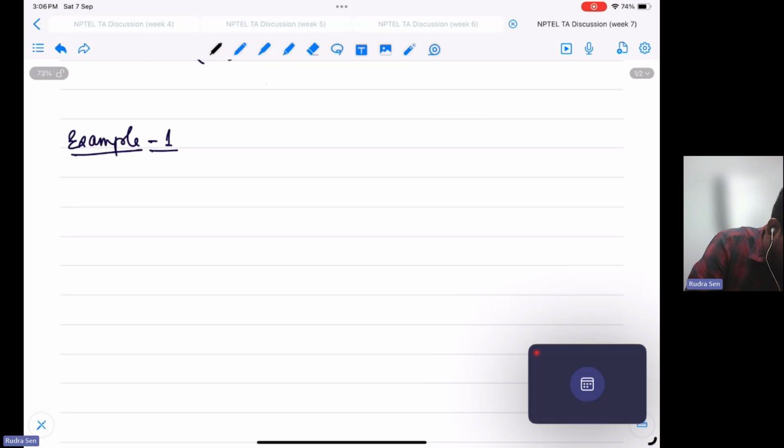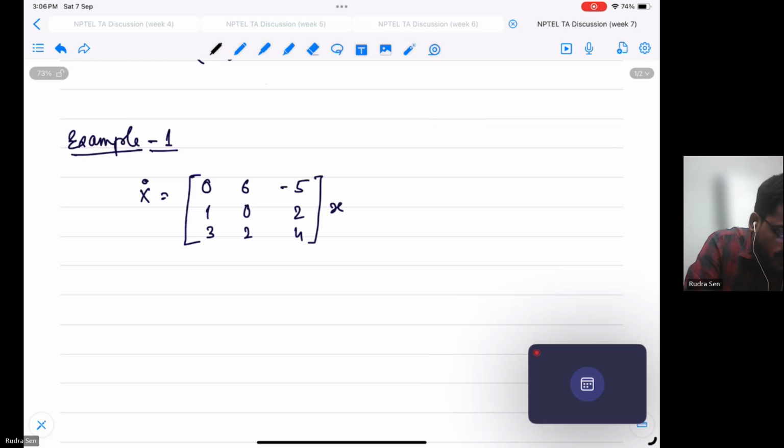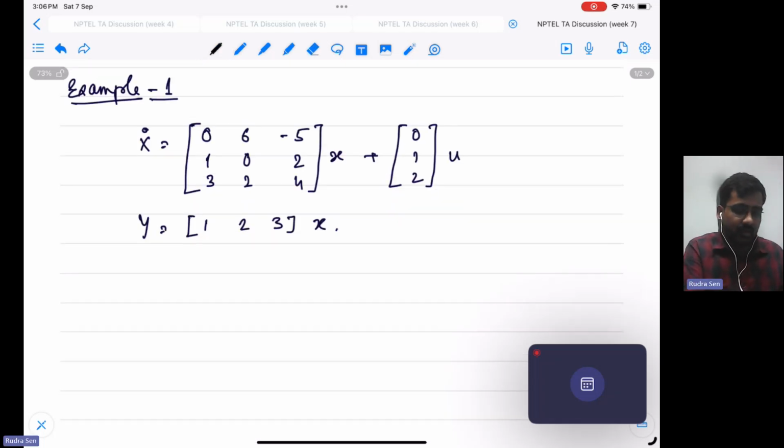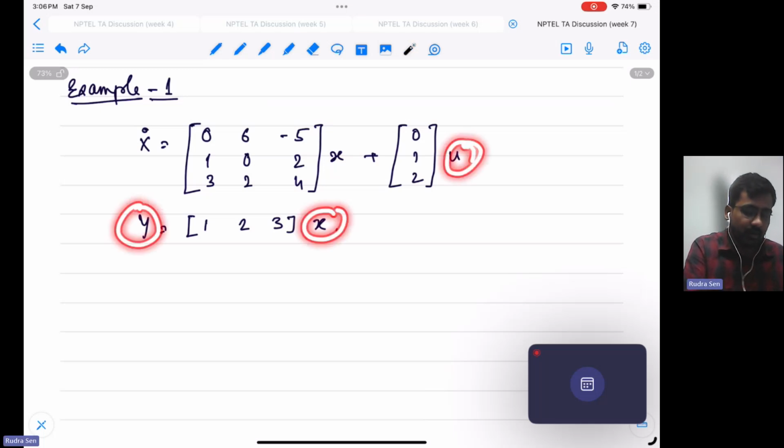The system is x dot equals a 3 cross 3 matrix, 0, 6, minus 5, 1, 0, 2, and 3, 2, 4, times x, plus 0, 1, 2 times u, and y equals 1, 2, 3 times x. This is basically a single input, single output system, right?